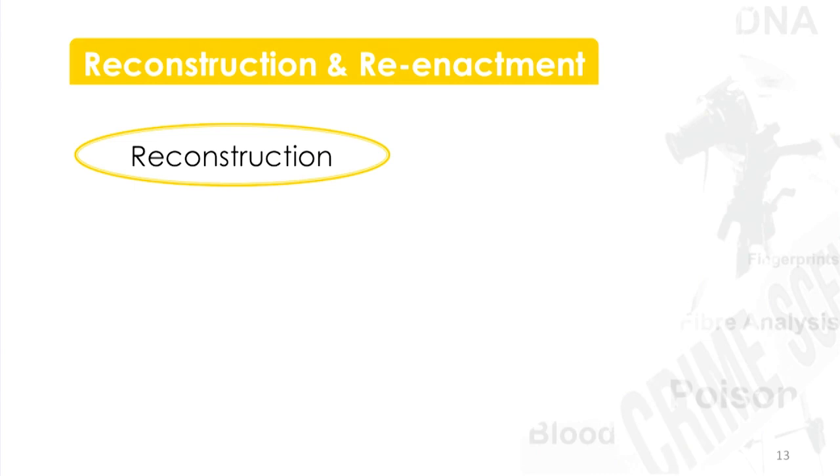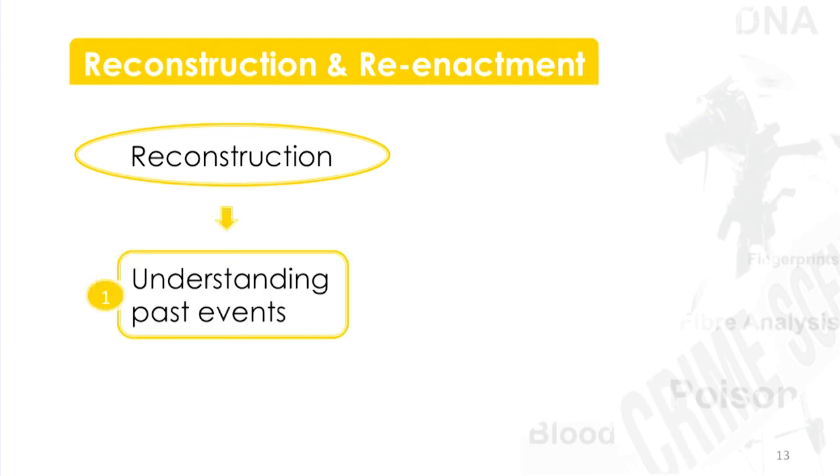Now, we have said that forensic science is about reconstructing the events that happened in the past, and that is gaining an understanding of the sequence of past events, essentially so that you can tell the story of how the incident occurred. This, of course, is not the same as reenactment.